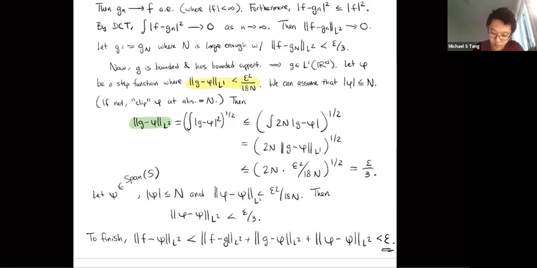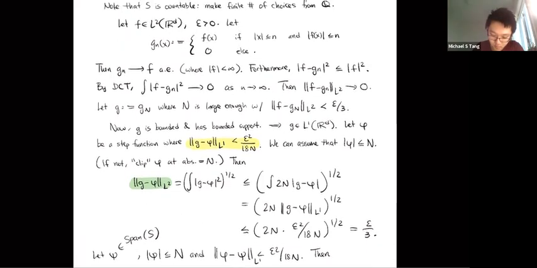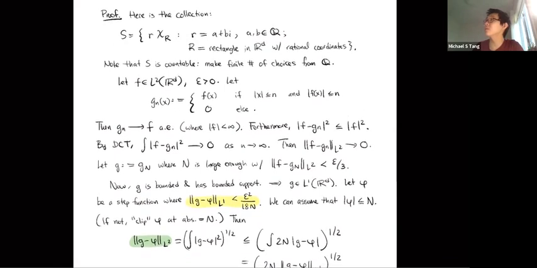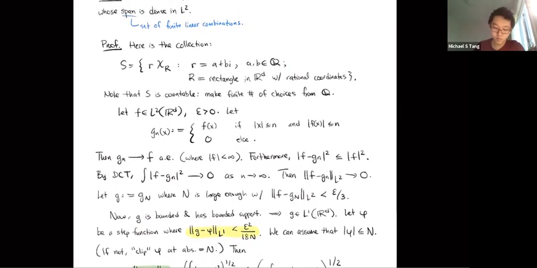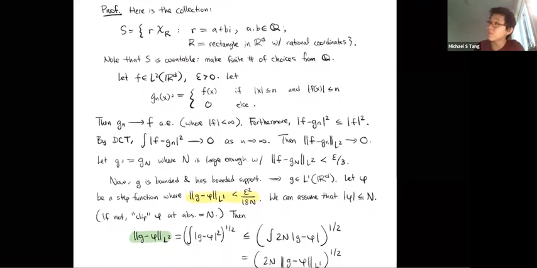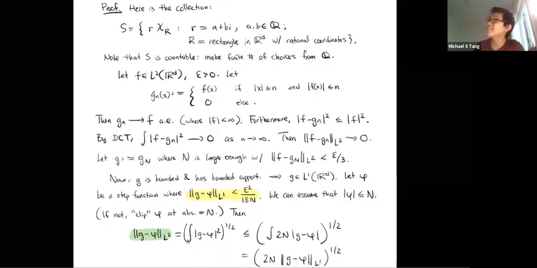Yeah, Joseph's question. For arbitrary p, I think if you just look over this proof and replace 2 with p, we have an LP function.